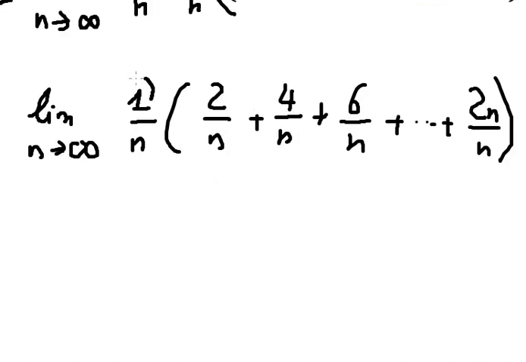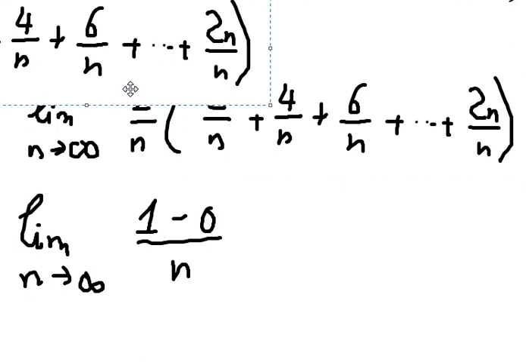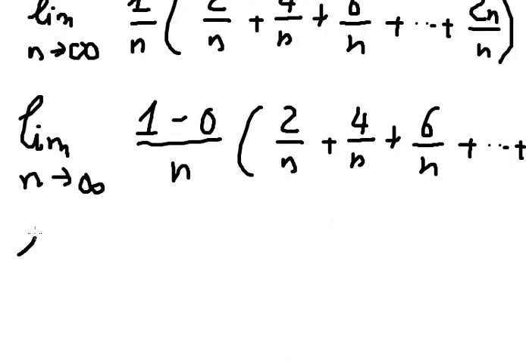The next one, we know that number 1, that is about 1 minus number 0 over n, and we keep this one same. So for this one, we can change like this.